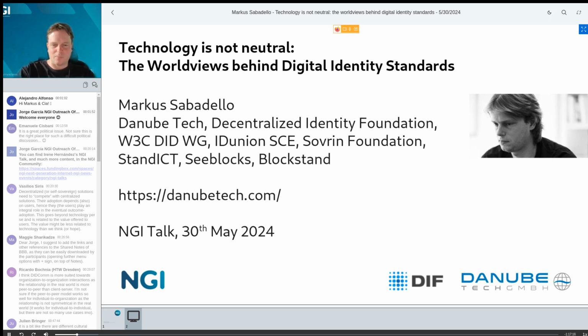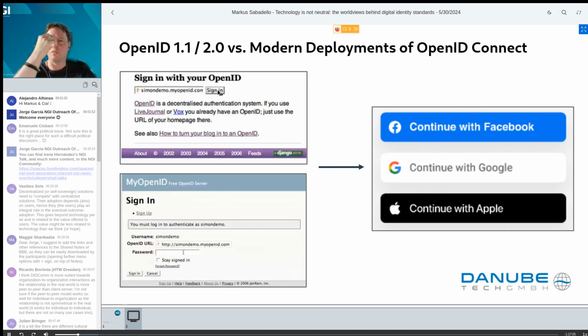I've been collaborating with a lot of people on a lot of different ideas in technical standards. And to start with that, in the first few slides, I have a bit of history. So just to do an introduction of what I mean a little bit by worldviews and values in connection to standards. What I have here is a comparison of how OpenID has developed over time, right?